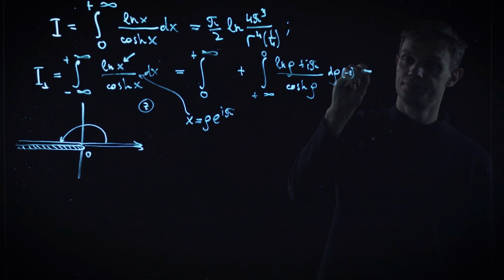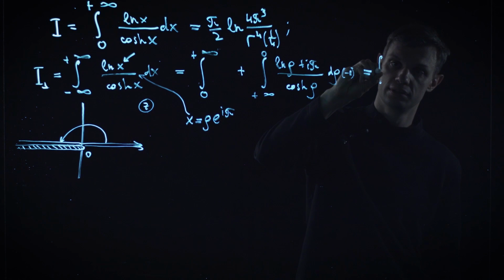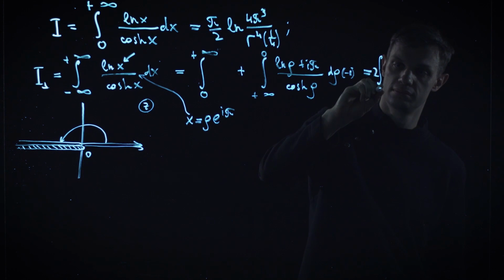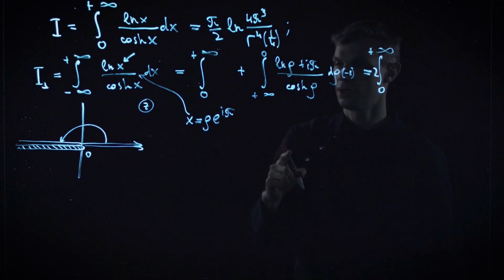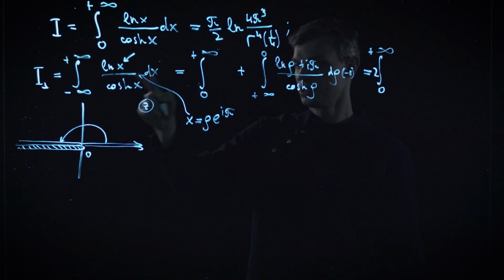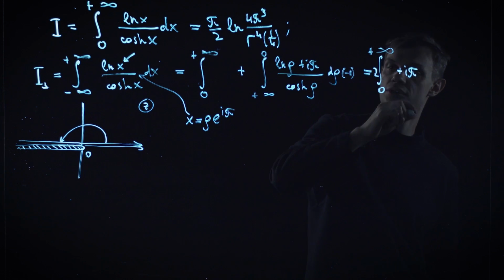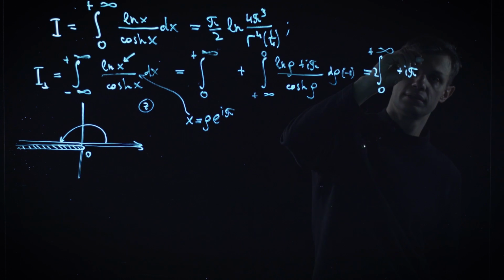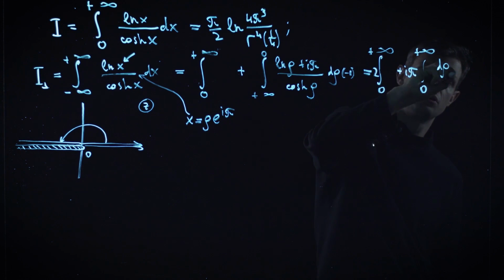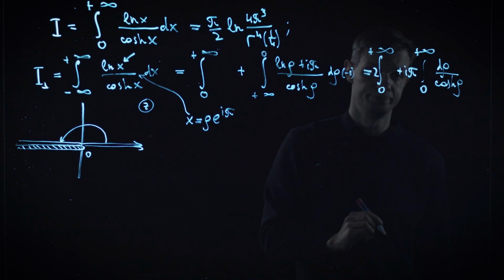As a result, we get the following expression. First of all, the original integral is doubled, because we need to change the integration limits and take into account this minus sign, so the whole expression is doubled. And we have an additional imaginary part, which is very easy to calculate. It's a simple integral d rho over cosine hyperbolic of rho.